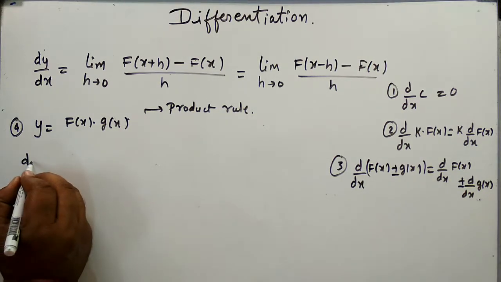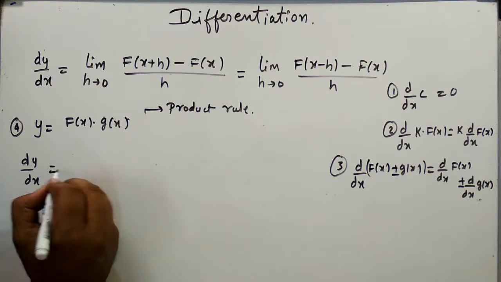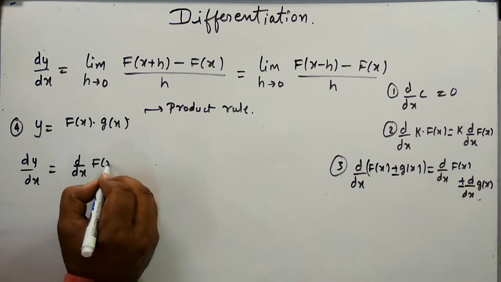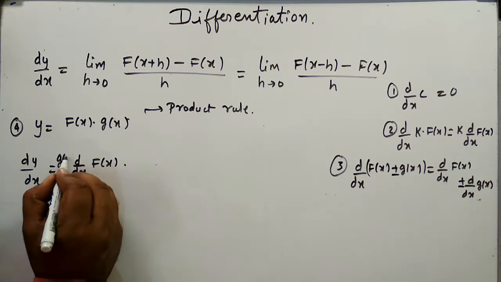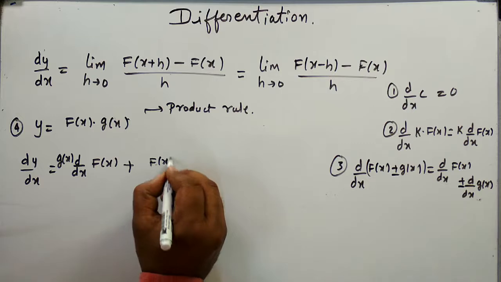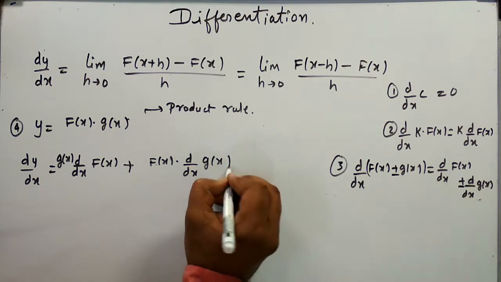So if you're going to find the differentiation of such a function which is in the product form, it will be equal to d by dx of f of x into g of x as it is, so I'm writing on the left hand side of this, and plus f of x into d by dx of g of x.